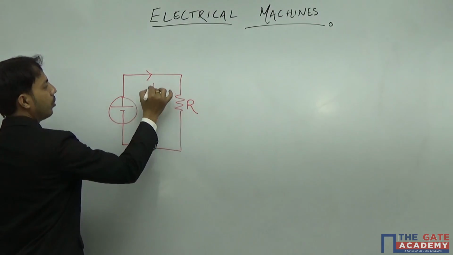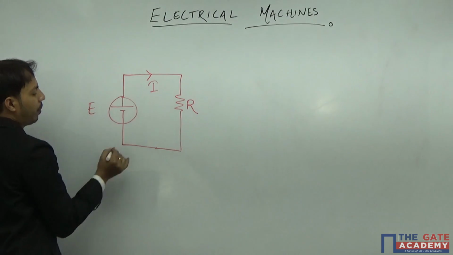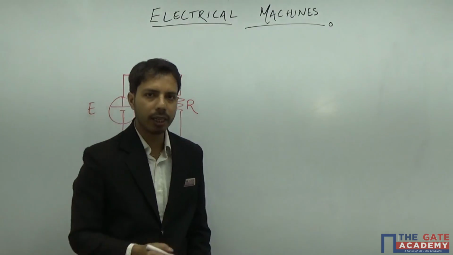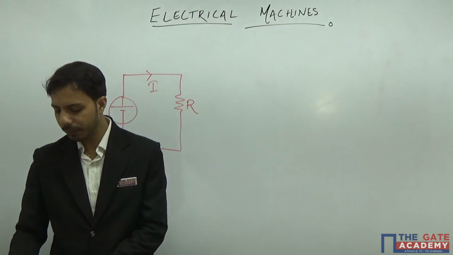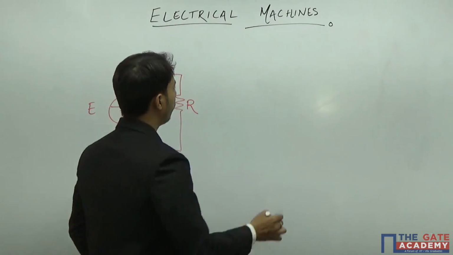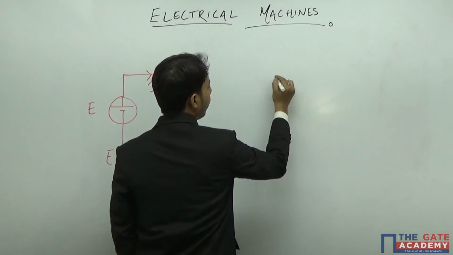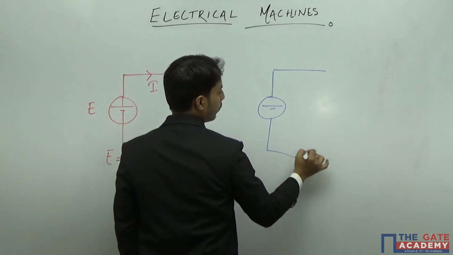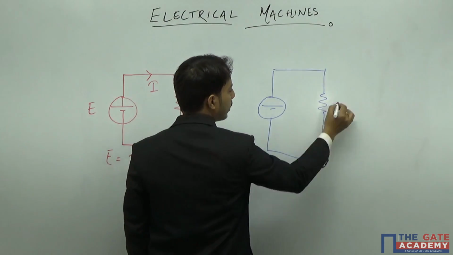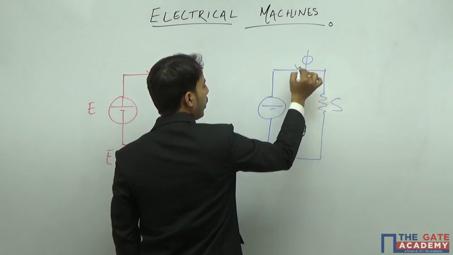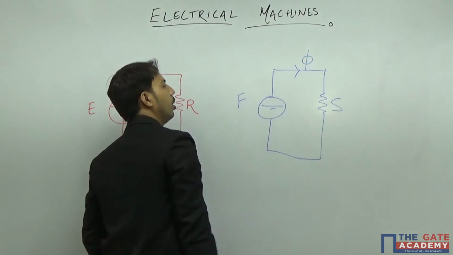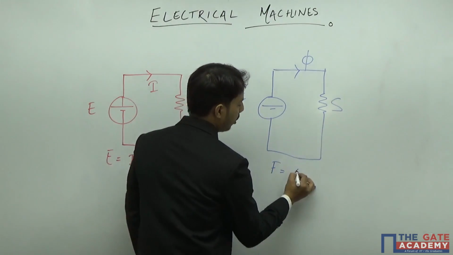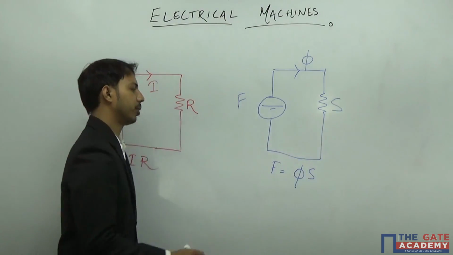So current will be flowing, and EMF I can give as I into R. Similarly, a magnetic circuit can be represented by this is my reluctance S, flux will be flowing due to this MMF, which is called F. So F will be flux into reluctance.